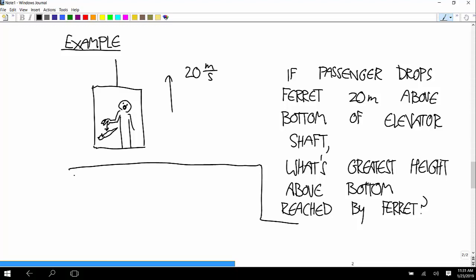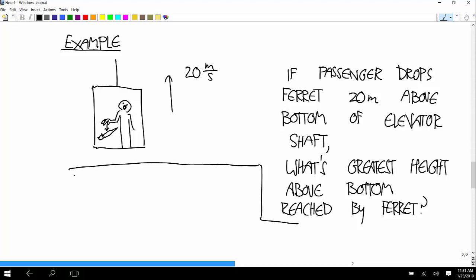Because it's dropped. But that's not what happens. Even though it's being dropped from that height, to an observer on the ground, it's going to go quite a bit higher up into the air before it starts falling back down to the ground.